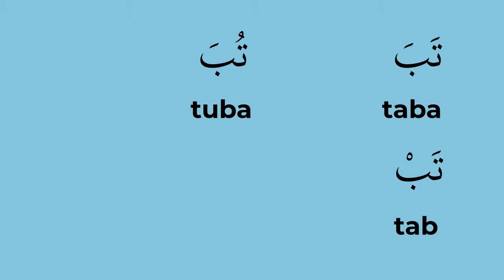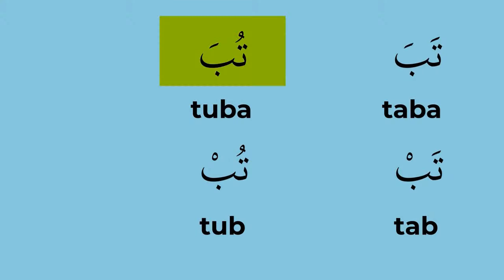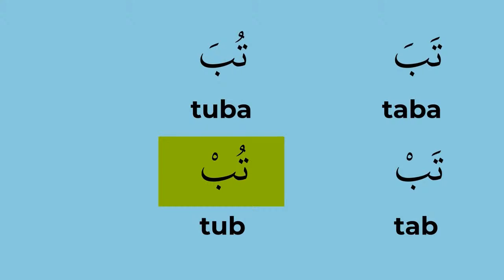Tab. There is no vowel sign on ba. Tab. See how you pronounce ba? Tab. Okay. Now if I say it like this, what is it now, brothers and sisters? Tub. Here it was tuba, and here it is tub. So there is a sukun on ba.